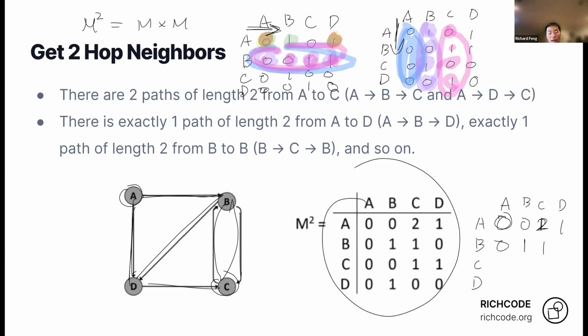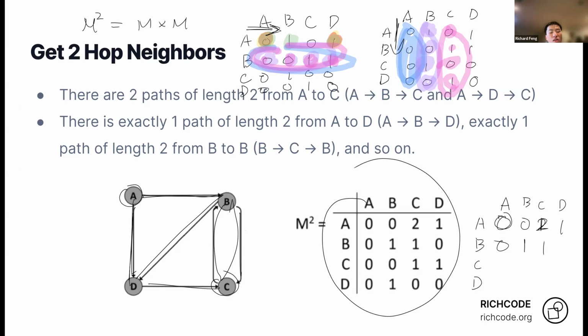This is only because it's graph theory; for other matrices, you could be multiplying bigger numbers, so it would be a lot more complicated. But it's only zeros and ones since we're indicating if there is a path.